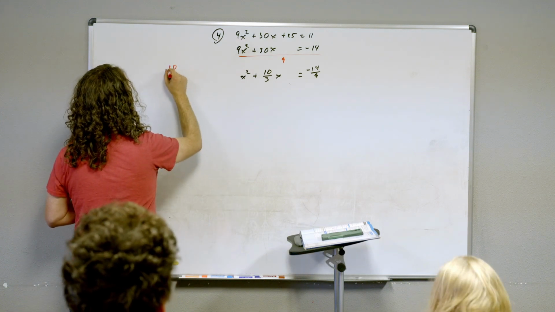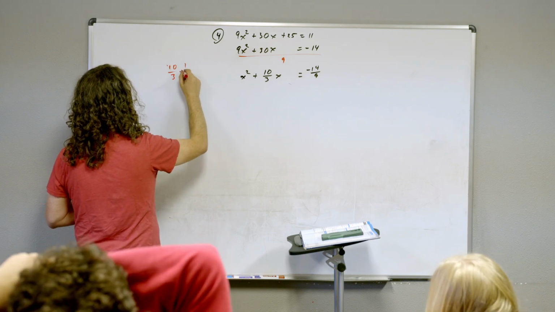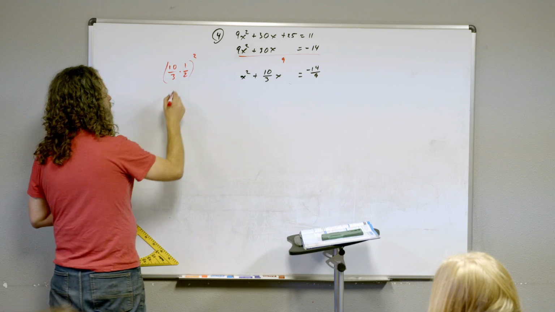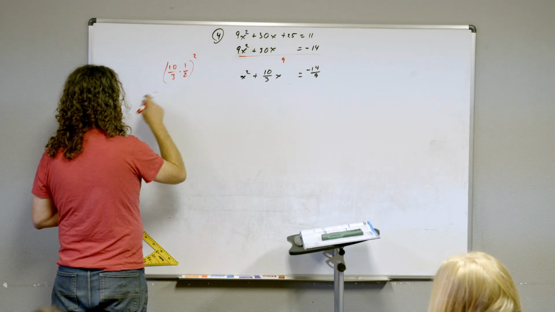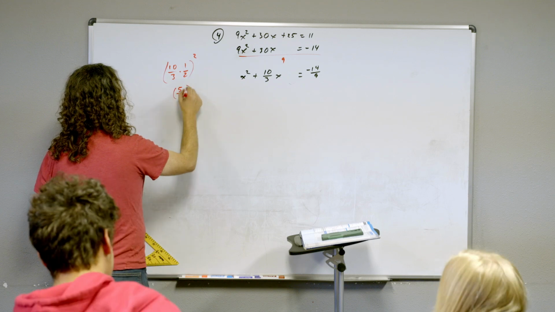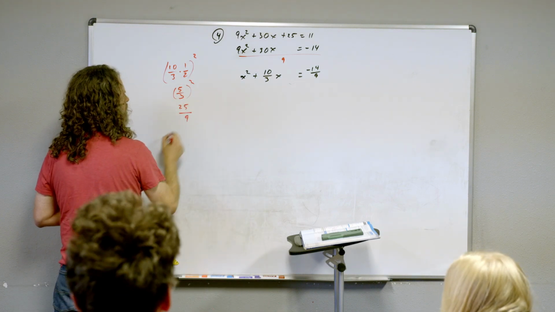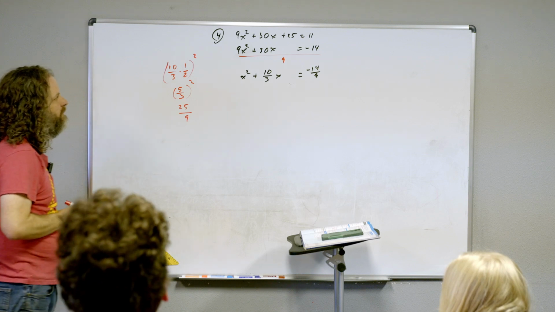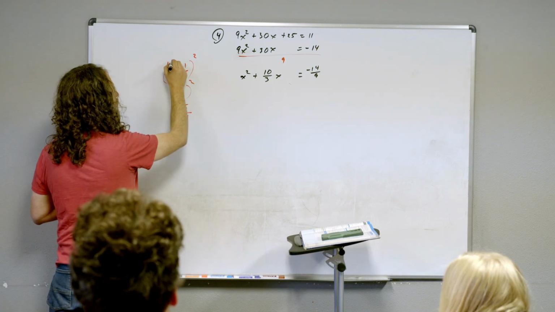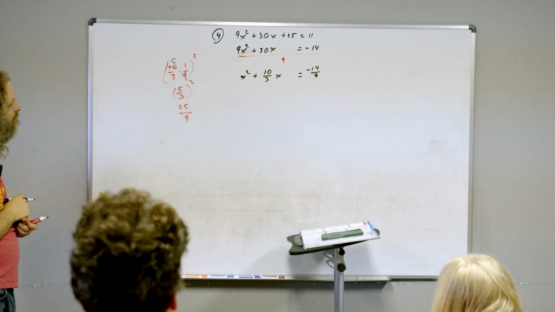Okay, 10 thirds times 1/2, same as dividing by 2, right? So 5 thirds squared, which would be 25 ninths. How'd you get 5? And then a 5 and that into a 1, right? Yeah. Yep.